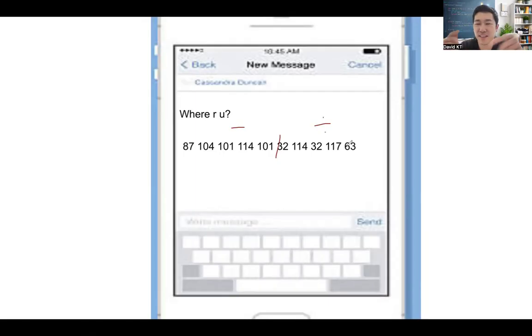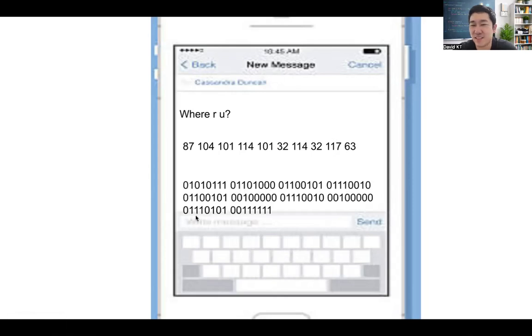Go ahead and pause this video and come back when you're done. Done? All right. So here you have it. The text message where space r space u question mark in binary is this.